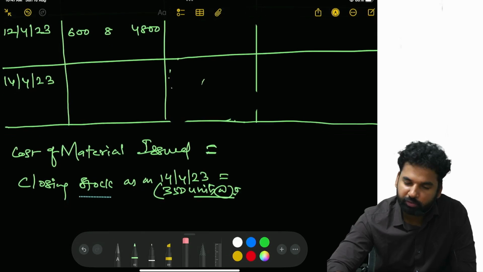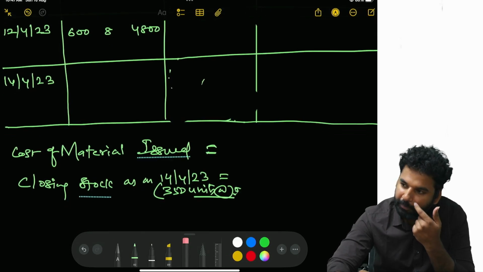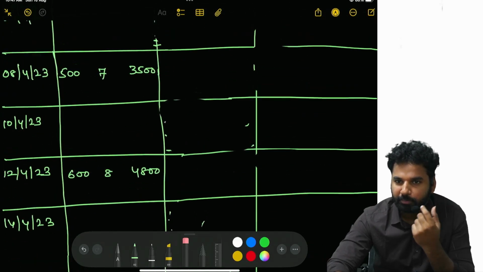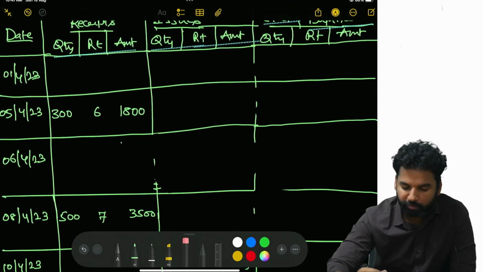Quantity of the closing stock will be the same.